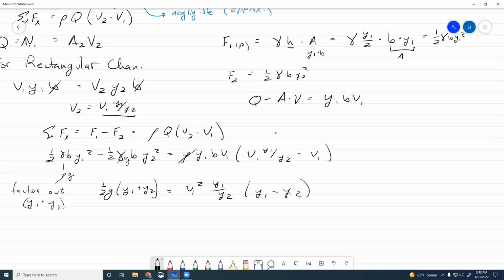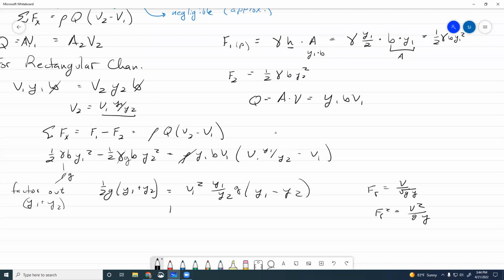And we'll note that the Froude number is equal to V over square root of g y. There's a g in there. So if you end up with a v squared, a y, and a g, that ends up being Froude number squared.